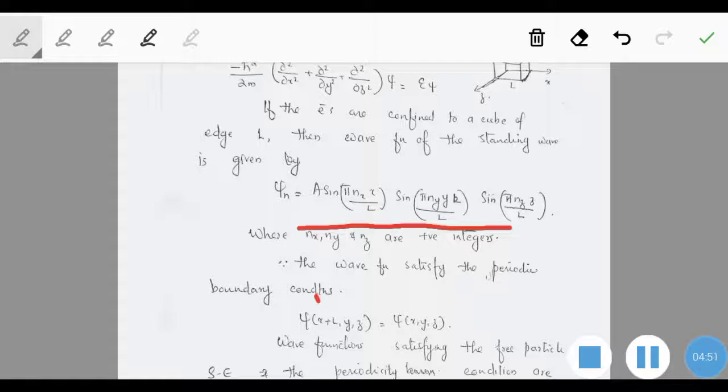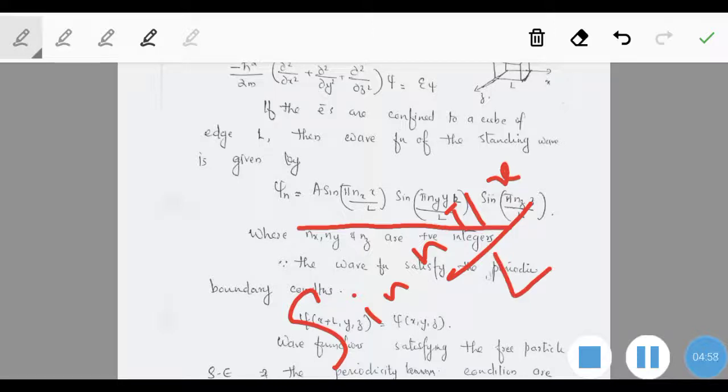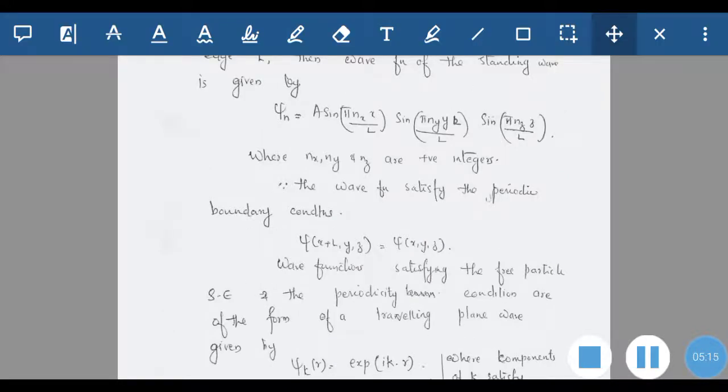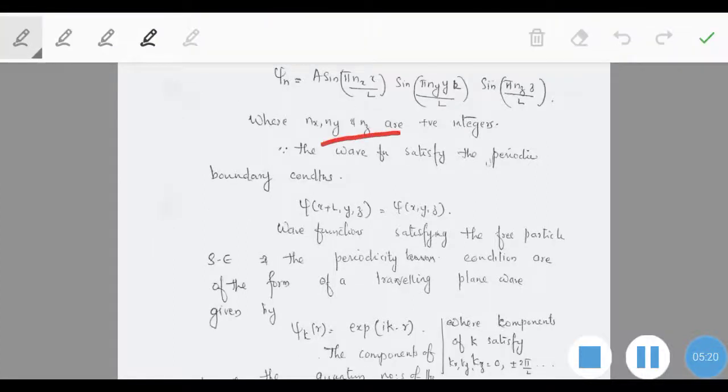Instead of sin(nπx/L) in 1 dimension, we have here three different quantum numbers nx, ny, nz in 3 dimensions, and instead of x we have x, y, z. So the total wave function will be a combination of all these functions, where nx, ny and nz are positive integers. Therefore the wave function satisfies the periodic boundary condition.